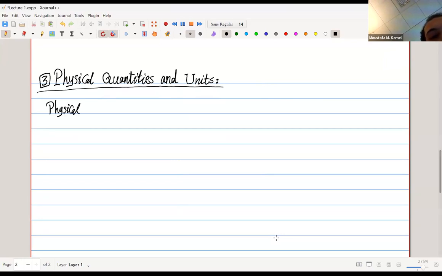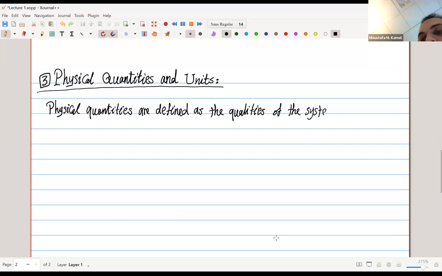Physical quantities are defined as the qualities of the system that can be reasonably and reliably quantified.